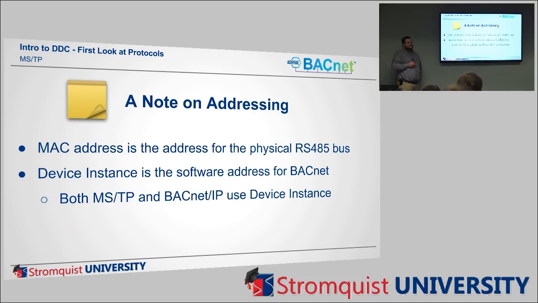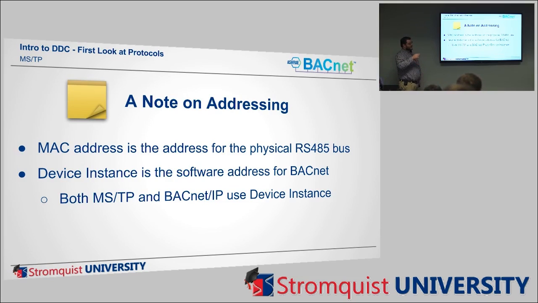So a BACnet device has got two addresses to it. It has a MAC address and it has a device instance. Going back to the LON talk, the MAC address is more like the Neuron ID. It's the address for that bus. It's 0 through 127.